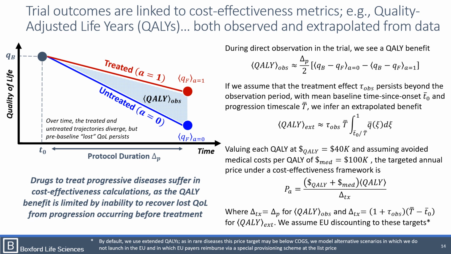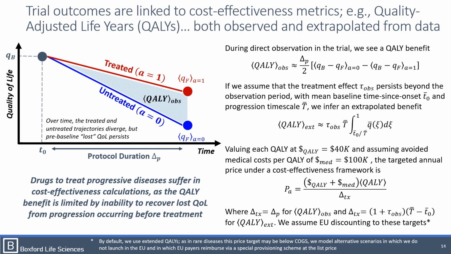The figure at left shows the observed QALYs that we would obtain over a trial of protocol duration specified, where what we have to do is wait, starting from the same baseline in both arms, to see these 2 progression curves diverge over time. And unless we wait for a very long period of time, we really don't observe that much difference between the 2 curves, and the actual observed QALYs are quite low.